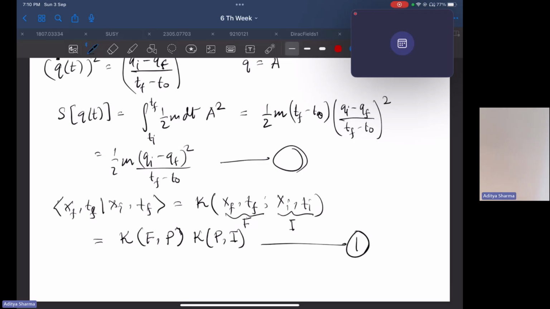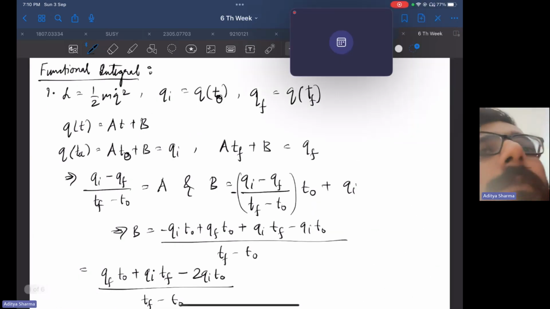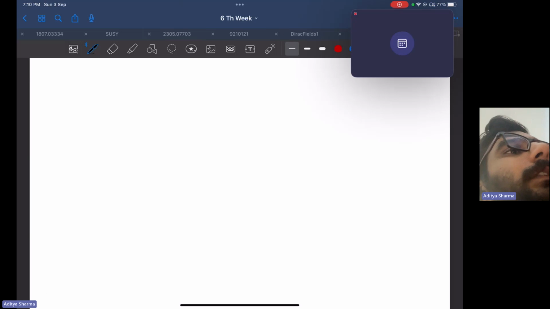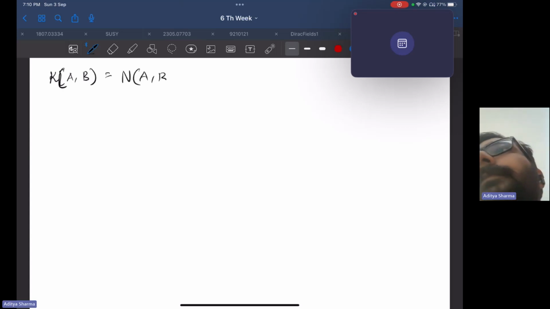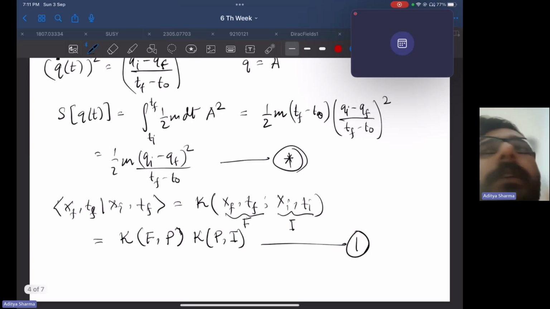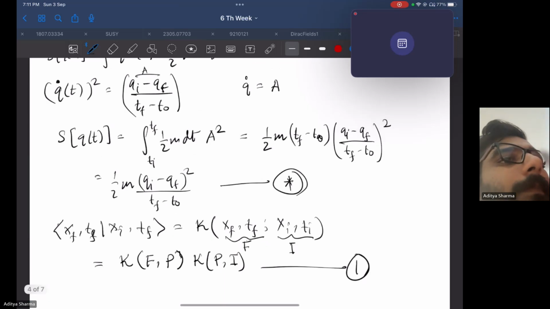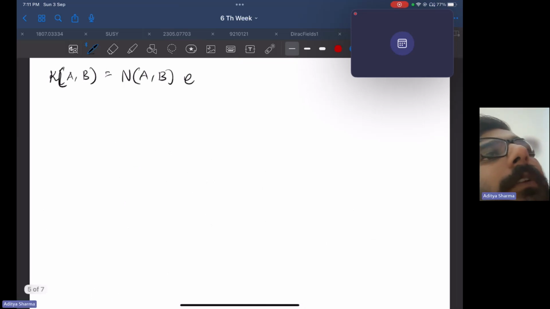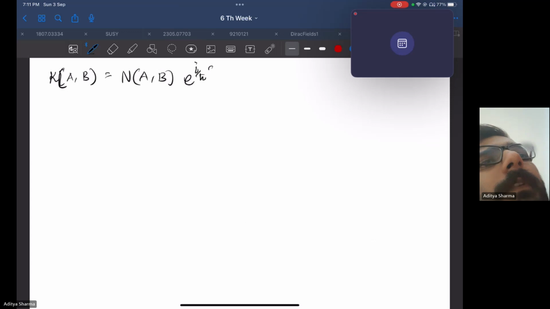The second thing which we are going to use is the result that any K_AB is some normalization times e to the power minus q0, e to the power classical solution, e to the power i by h S of q classical.